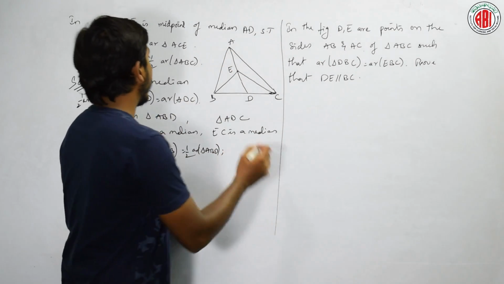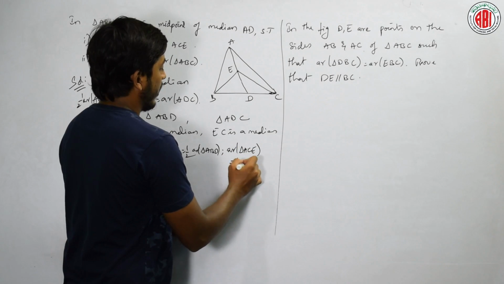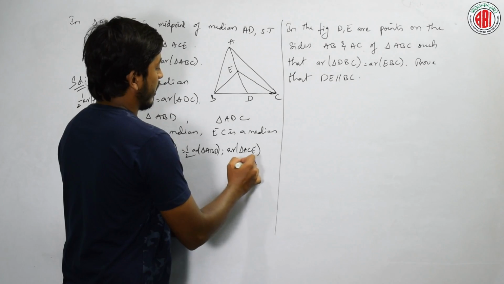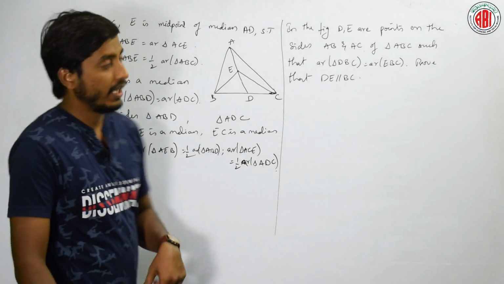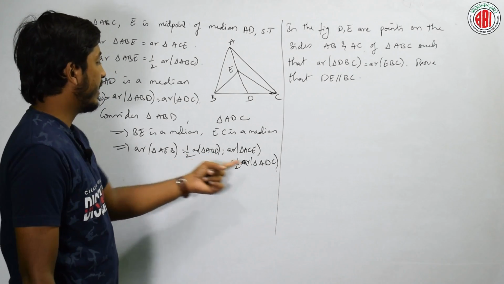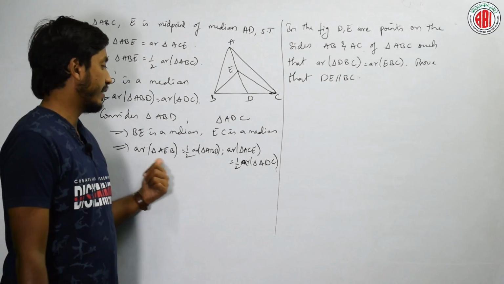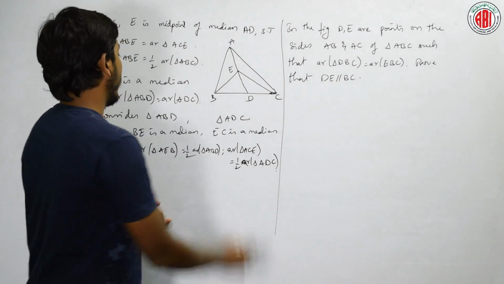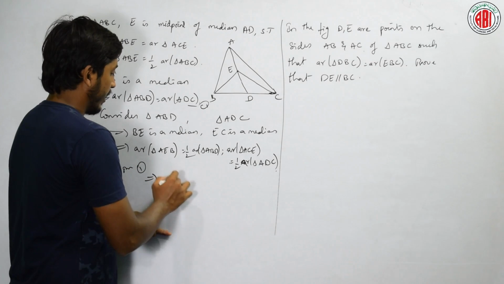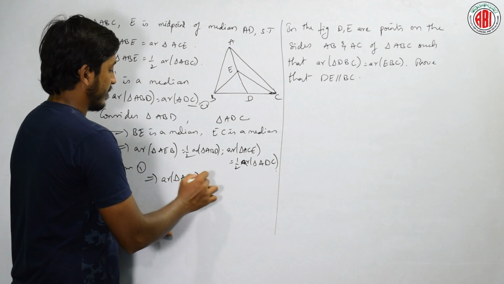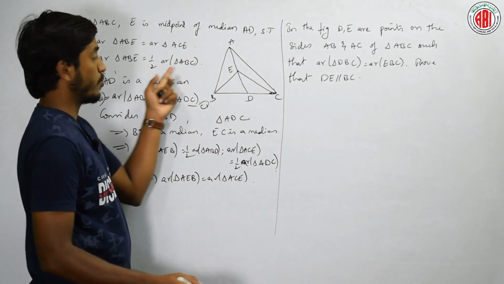Similarly, here also I can write it as the area of triangle ACE is half of the area of triangle ADC. Okay. Now, if you observe, ABD is nothing but ADC, okay, from this statement, then obviously this is equal to this, okay. From this one, from 1 I can write the area of triangle AEB is equal to the area of triangle ACE. That is what they asked us to prove.